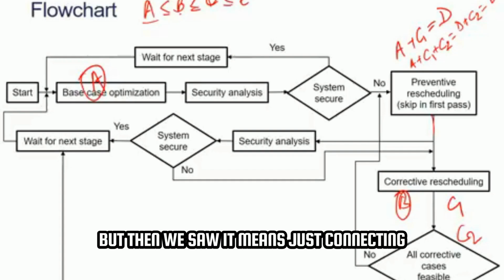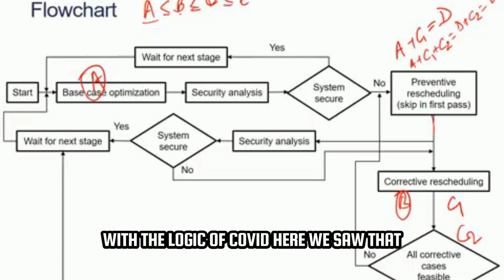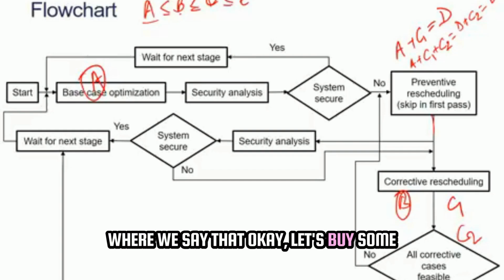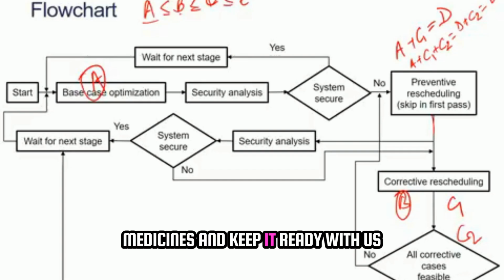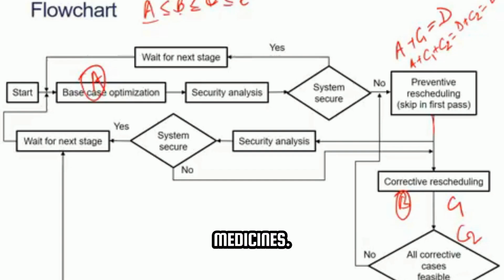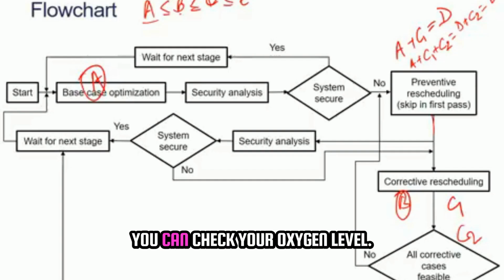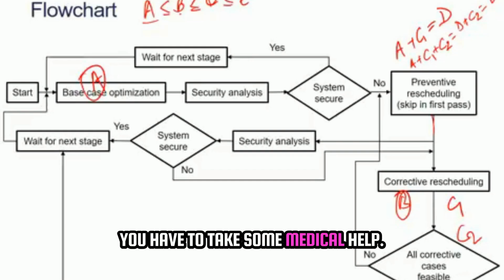Connecting with the logic of COVID, initially we took the corrective action where we said, okay, let's buy some medicines and keep them ready with us. People also bought oximeters where you can check your oxygen level. If it stays at a particular level, fine; if it crosses that limit, then you have to take some medical help.